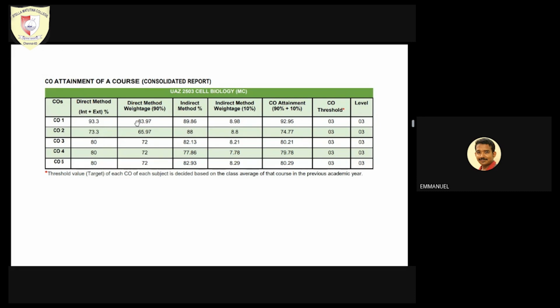This is how much percentage they have actually got out of 100. Out of this, 90 percentage is this much. Out of 80, 90 percentage is 72, like that they have calculated. The balance 10 percentage is the indirect method. They have got this as the feedback. From this, 10 percentage has been taken into account. So this column 90 percentage and this column 10 percentage, totaling this much percentage. This is CO attainment.